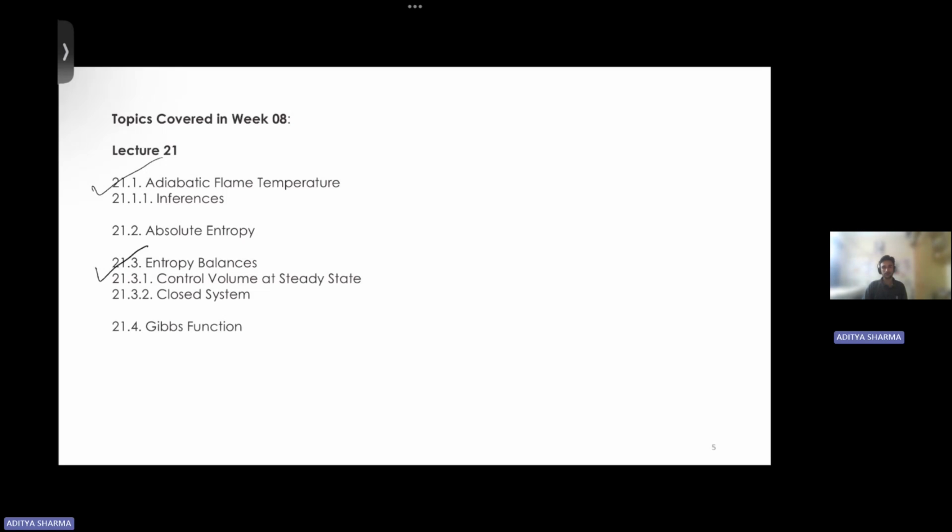In that case, the temperature that your products or your flame will have, we define as the adiabatic flame temperature. So this is the maximum temperature that can be attained by the combustion products for a particular fuel.